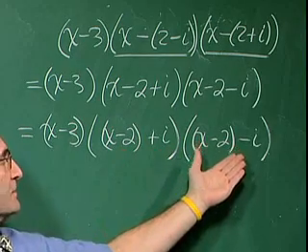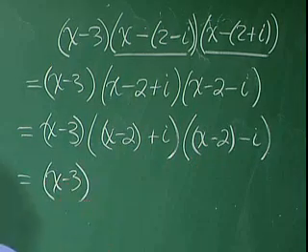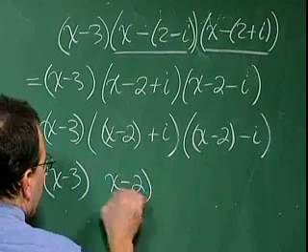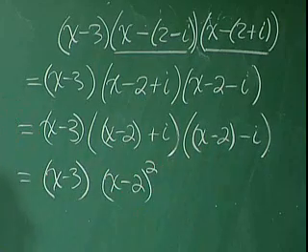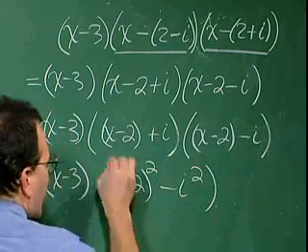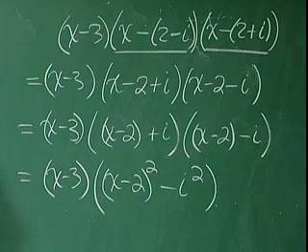And the reason that that's nice for us is that it simplifies into (x minus 2) squared, like this, and minus i squared. The middle terms drop out because of the difference of two squares.